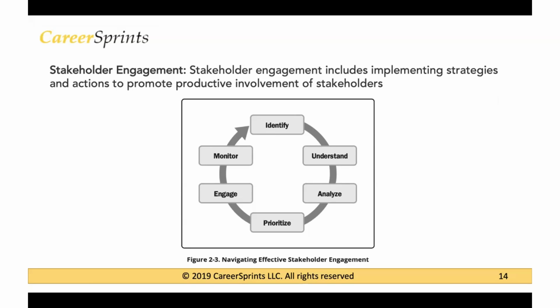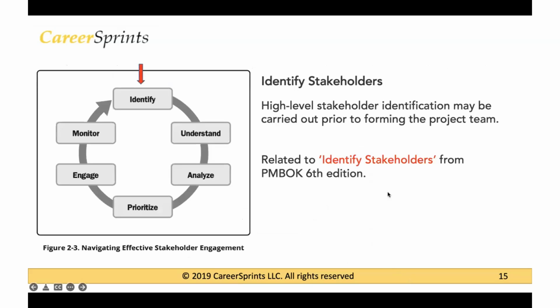You're going to then analyze your stakeholders, you're going to prioritize them, you're going to engage with them, you're going to monitor them. And this is a cyclical process that continuously is going to happen. You have to do it along with your project team throughout the course of your project. It's not a one-time activity.